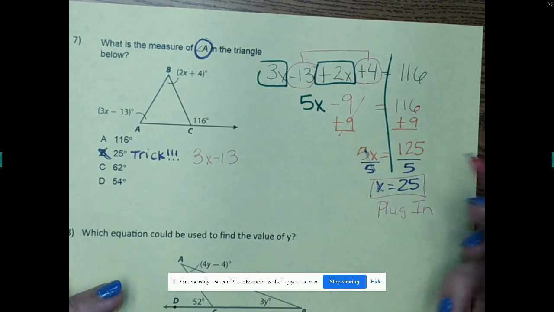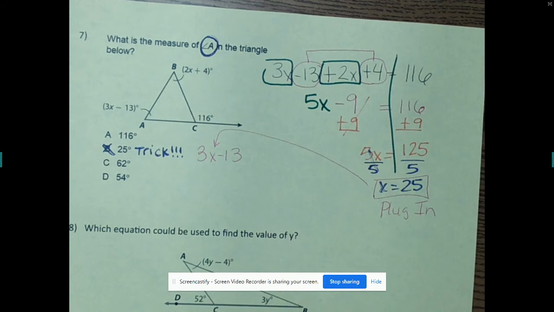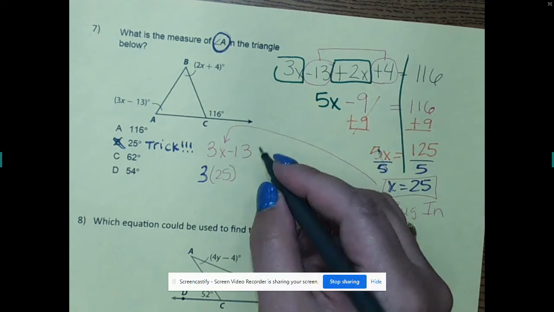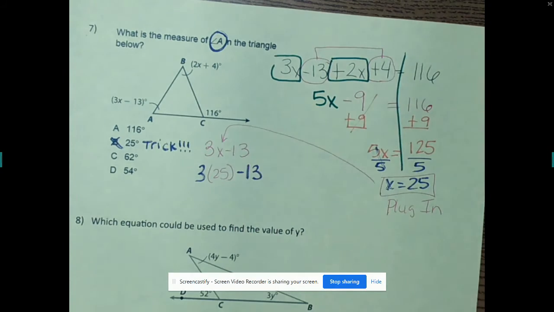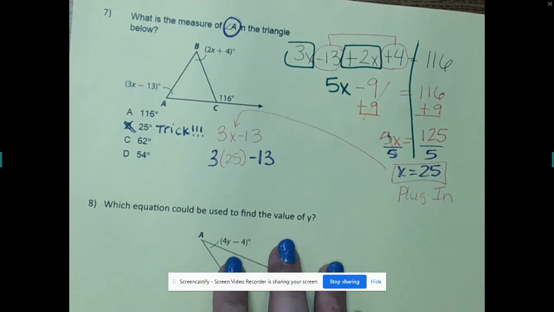We saw x, can't I just literally plug x in? Yes or no? So 3 times 25 minus 13. Literally, all I did is I took x and I plugged it in. Does that make sense? Okay, you're going to have to do that on the test.